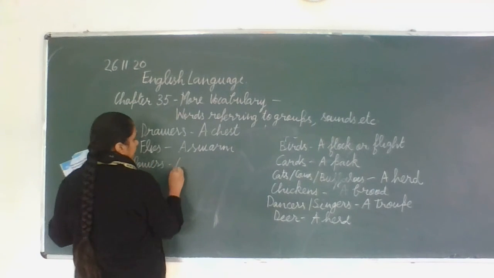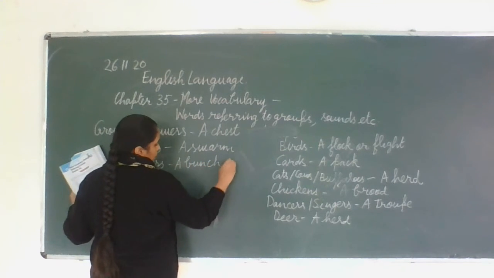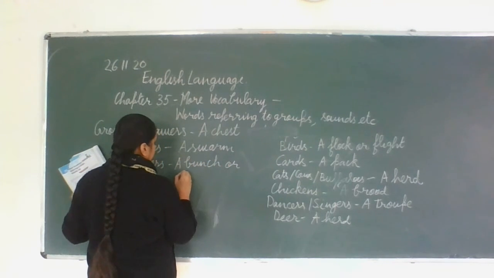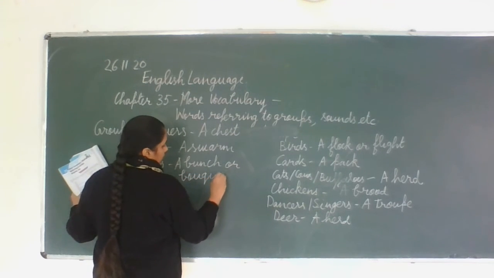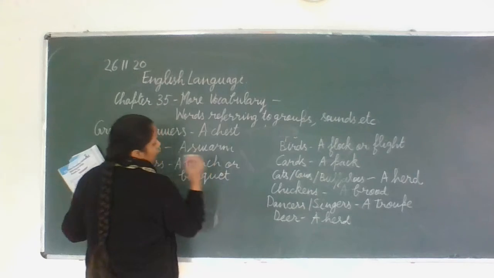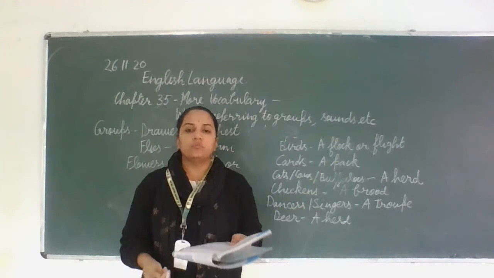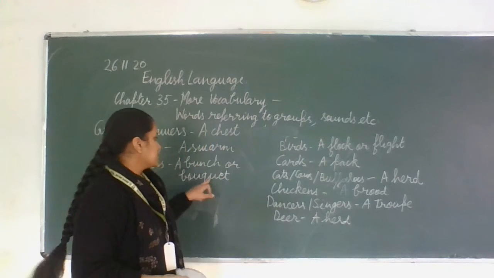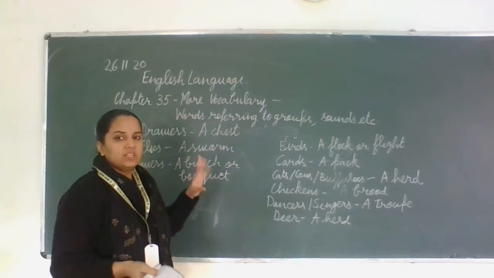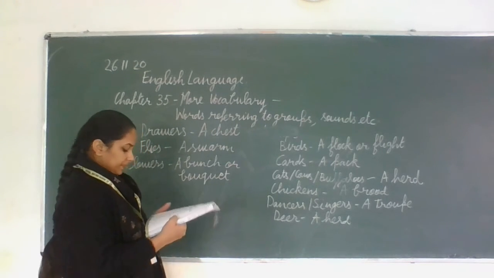It is a bunch or bouquet. You must have seen the bouquets. When you want to give something, you give a bunch of flowers. That is again called bunch, or when we decorate it all together, that is known as bouquet.